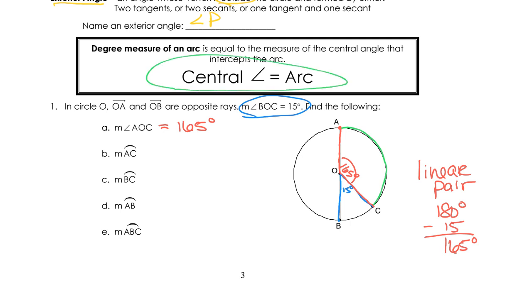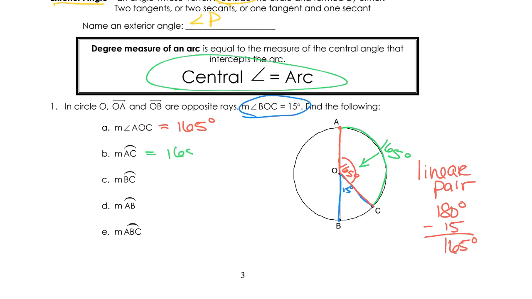And if we read up here that central angles are equal to their arc, that arc belongs to that central angle. It's almost like if the angle was like a mouth and it opened up, it would eat that arc. And so that arc is also going to be 165 degrees because central angles are equal to their arcs.